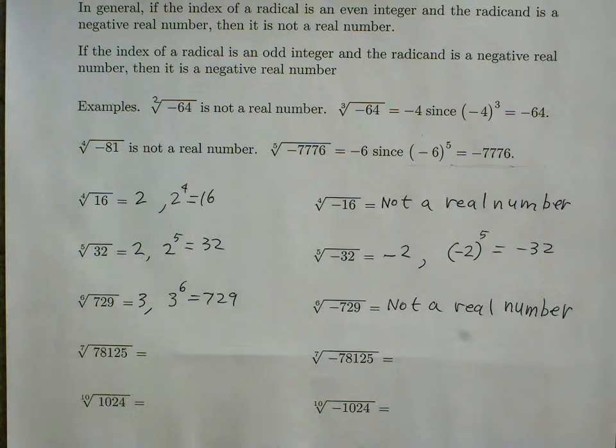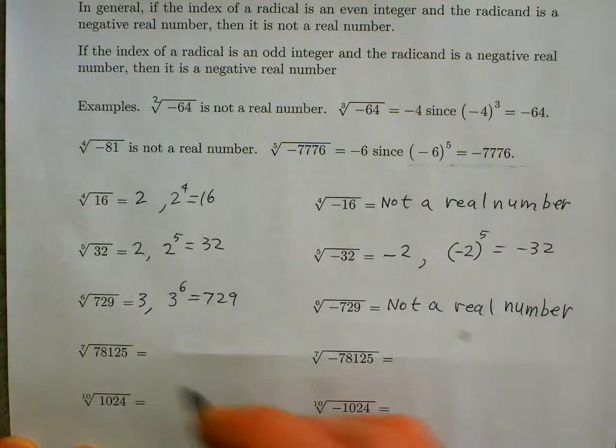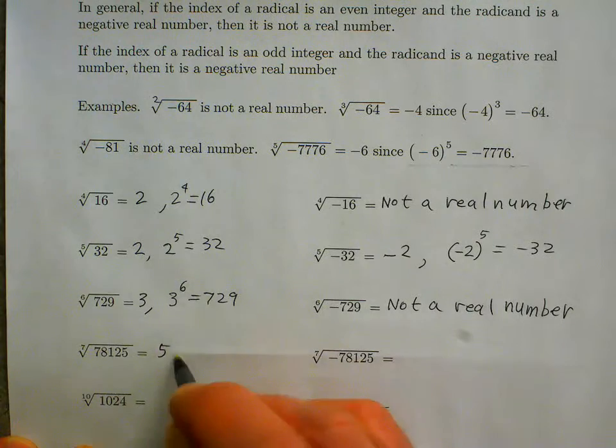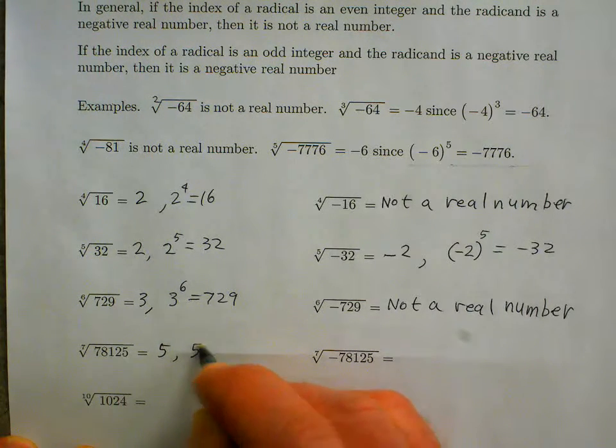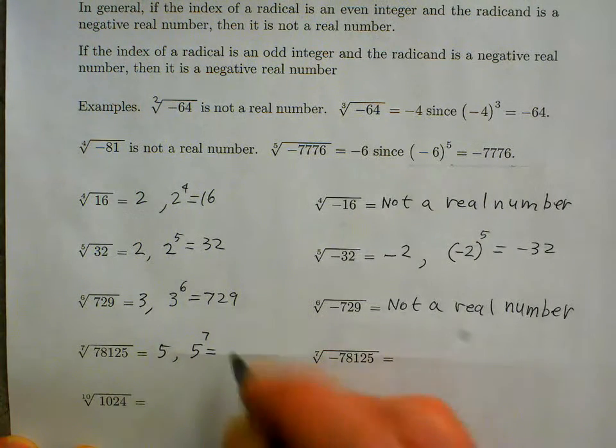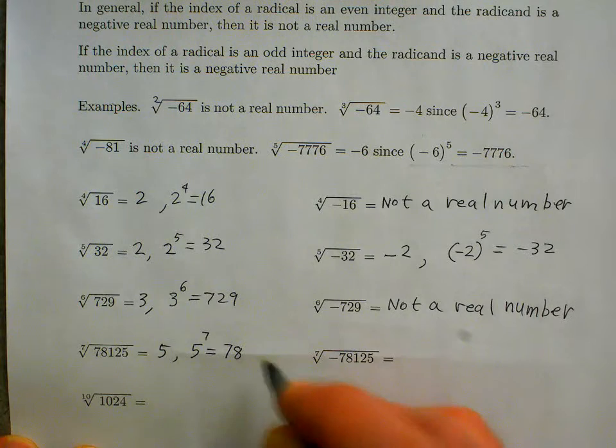The seventh root of 78,125. Well, that just turns out to be 5. Because 5 to the seventh power is equal to 78,125.